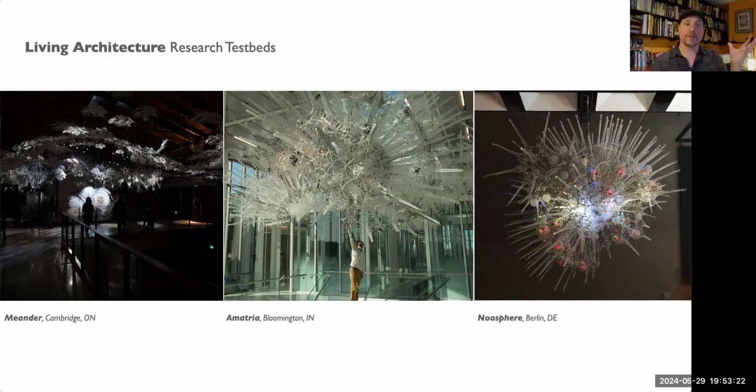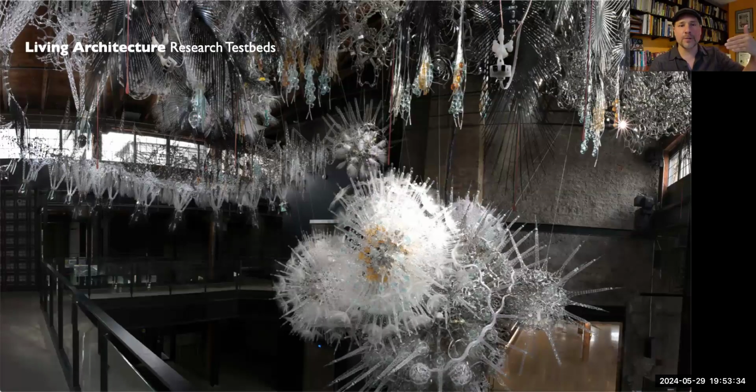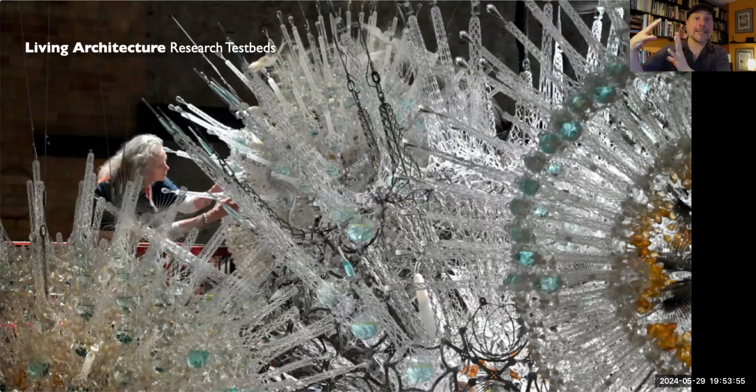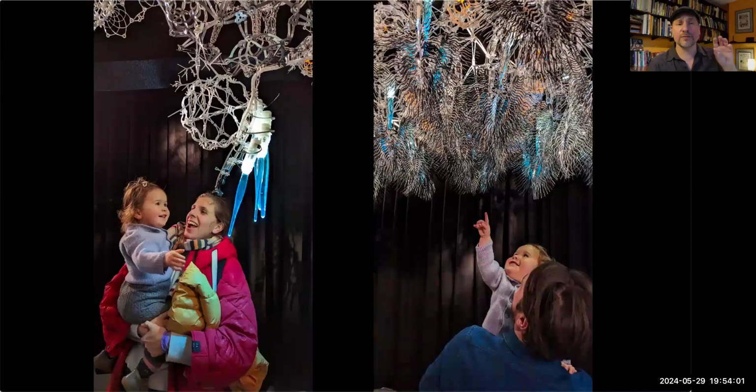So physical lobbies of buildings or museums or places of coming together, and not just to make a point by putting the sculpture there, but actually as a test bed, as a place where we can try these things out, where we can develop this software further, where we can develop these interactions further, where we can develop the materials more completely, and we can really watch and understand what it takes to make architectural scale technologically based interventions. What does it mean to bring this kind of HCI into something at the scale of architecture? So deploying to the public is really very important to the work practice that we have.